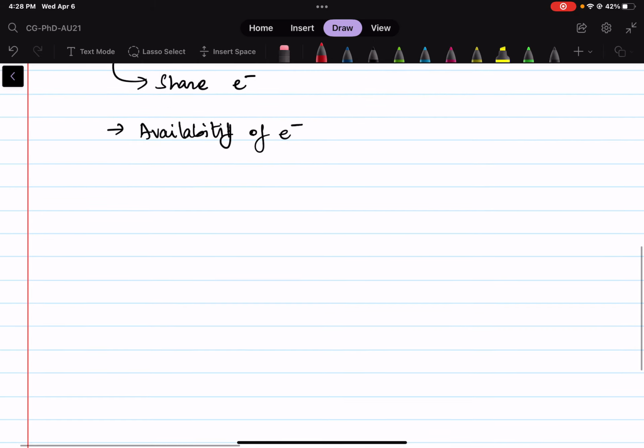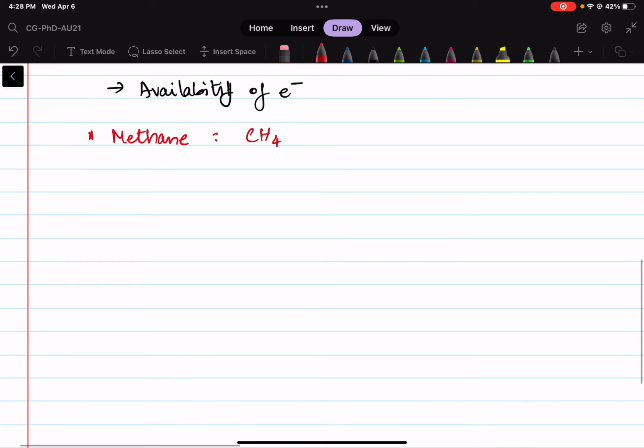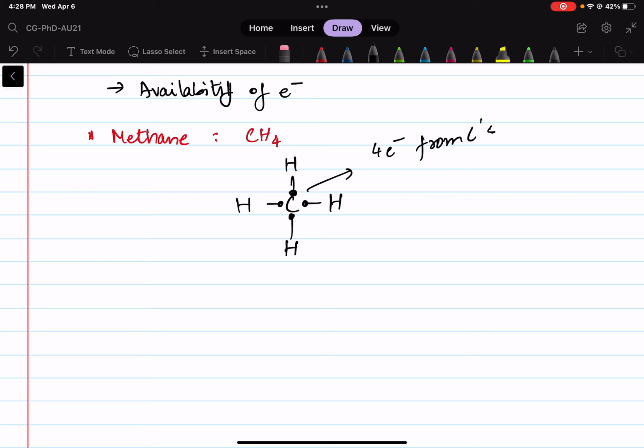So let's take an example. Let's take methane. Methane is CH4, right? And the way we draw the Lewis structure is that C is bonded with an H, H, H, and then H. So what we say is that 4 electrons from the carbon's outermost shell combine with the hydrogen's electron.